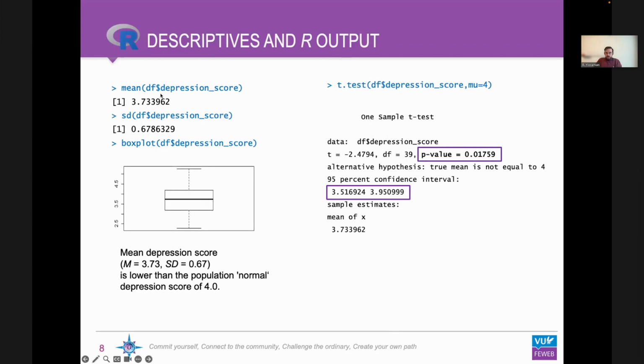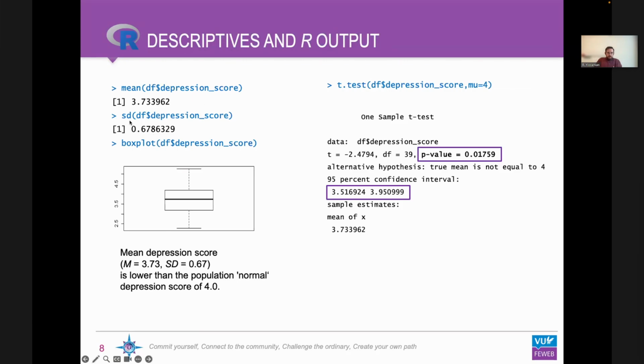So we have our data frame, we read it into R, and then we look at the depression score, which is the column that we are interested in. If you look at the mean, apparently this is quite close to 4, actually 3.73, but this part is all descriptive.